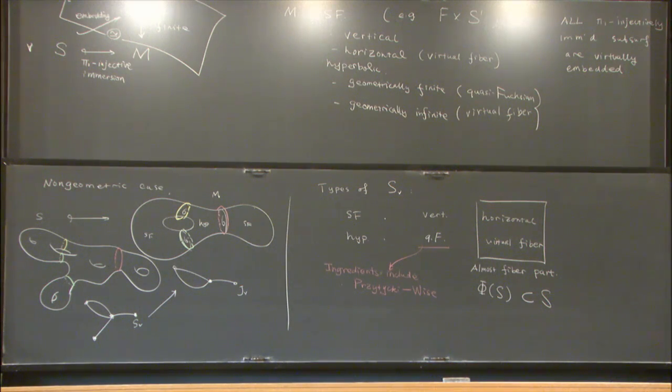So the first question is, if you look at the almost fiber part, what is really this obstruction? And the second thing is, if I know the obstruction, do I have an effective way to compute this obstruction?